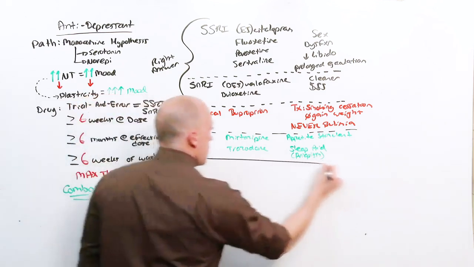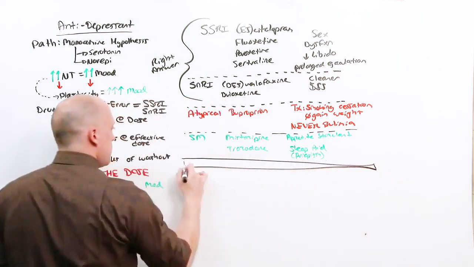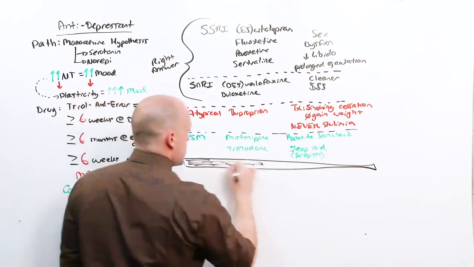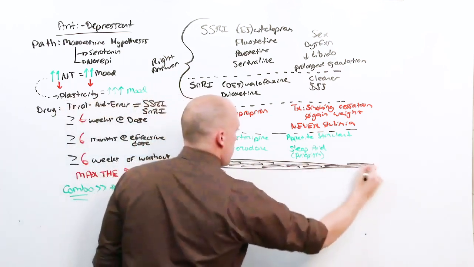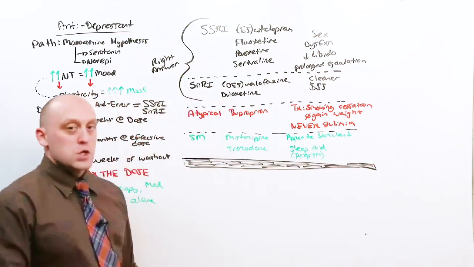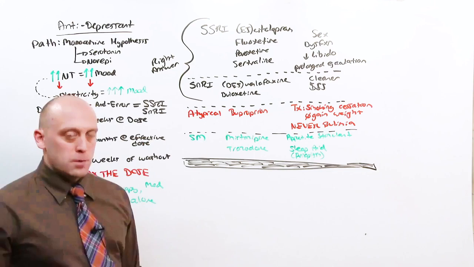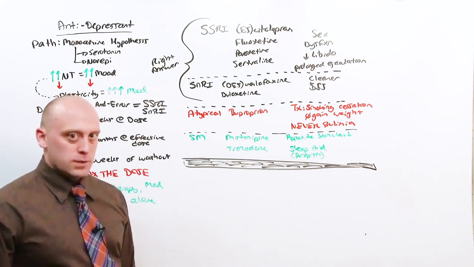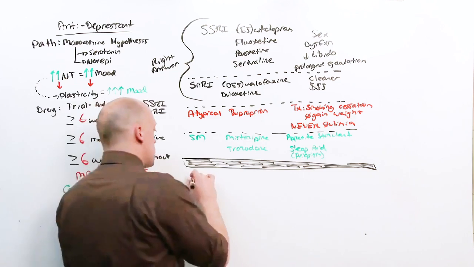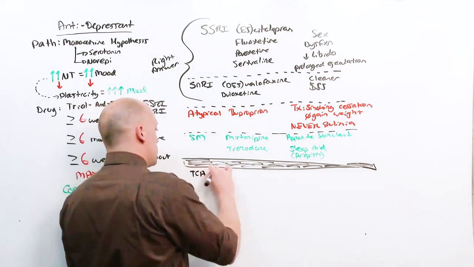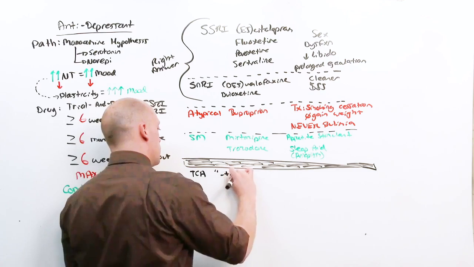I'm going to put a big black bar here, because above this bar are medications that are actually used to treat depression. Below this bar are going to be medications that were used to treat depression, but generally are going to be the wrong answer. The first class here are the tricyclic antidepressants. These were the triptylines.